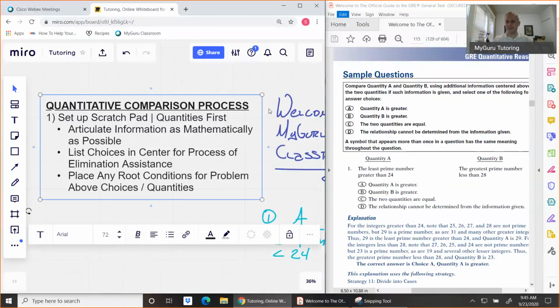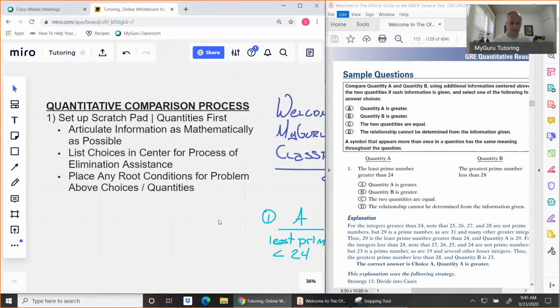Now, in this case, you can see there are no conditions. It just is quantity A and quantity B. So we'll take a look at another one in a moment where there are conditions, but right now there's nothing.